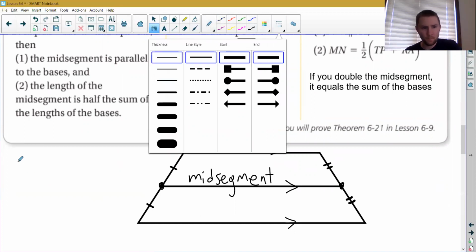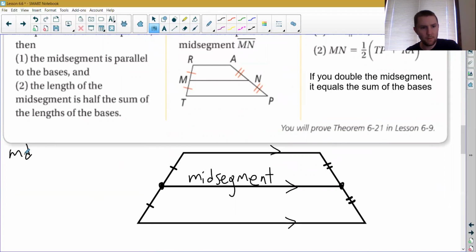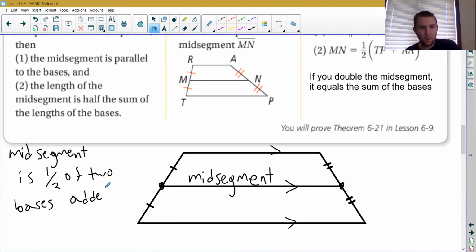So the midsegment is one half of the two bases added together. For example, if we have this base on the top, let's say is 8 inches long, and this base on the bottom, let's say that one is 14 inches long, we can use this idea to find the length of the midsegment down the middle.